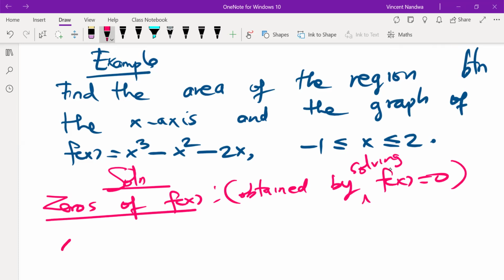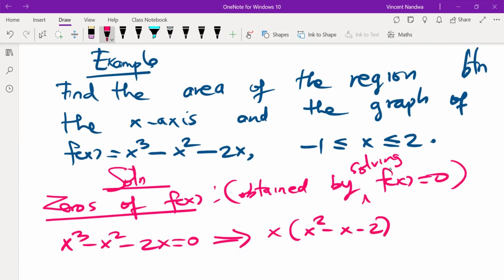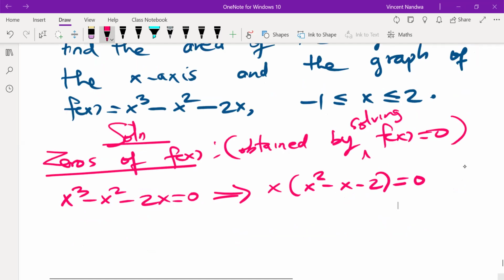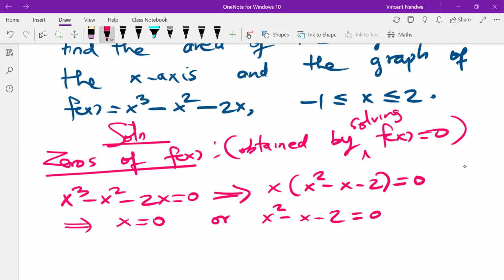So we'll have x cubed minus x squared minus 2x equals 0. Then we can factor x and we'll have x squared minus x minus 2 equals 0. So one value of x is 0, which means x equals 0, or x squared minus x minus 2 equals 0.